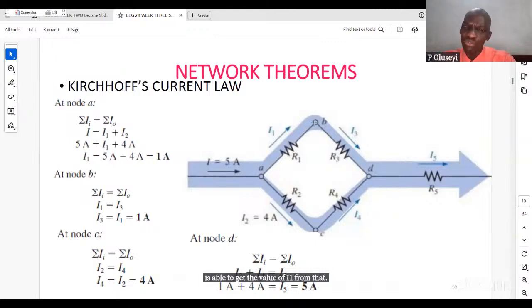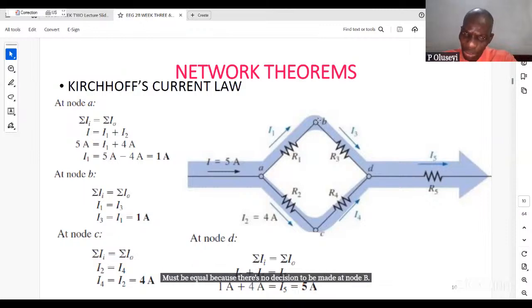Then I1 passes through node B, but there is no decision to be made. That means the current will still flow through R3, so I3 and I1 must be equal, because there is no decision to be made at node B.